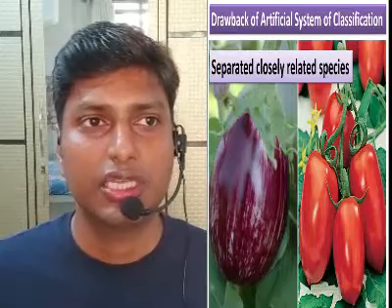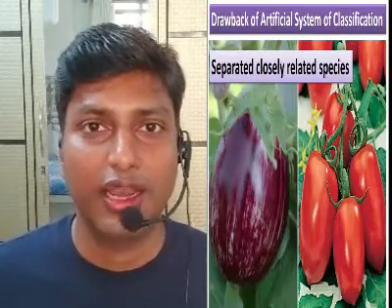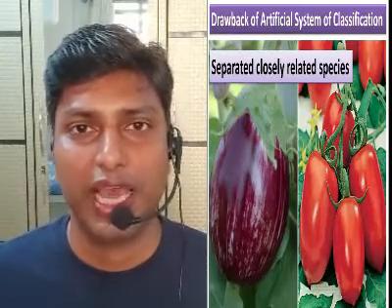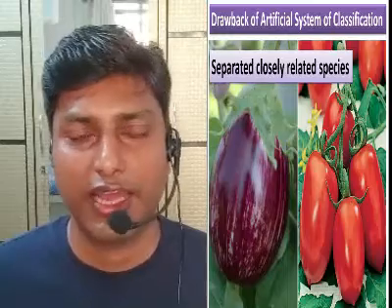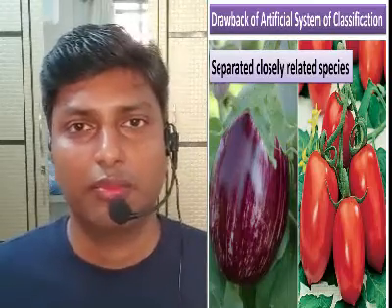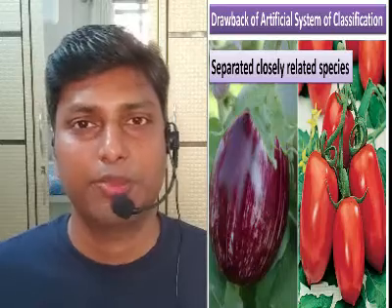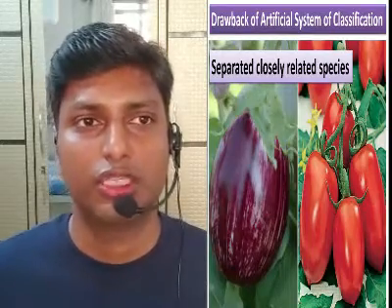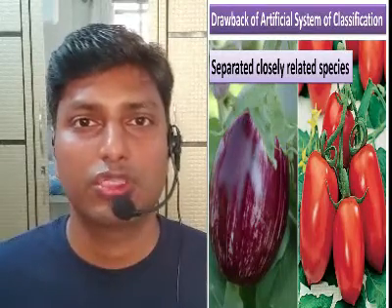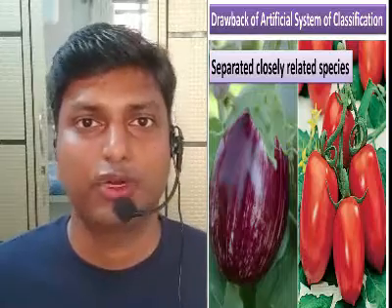These plants are quite related to each other. They have many similarities in their vegetative characters, but under Carolus Linnaeus's classification they were put into separate groups.